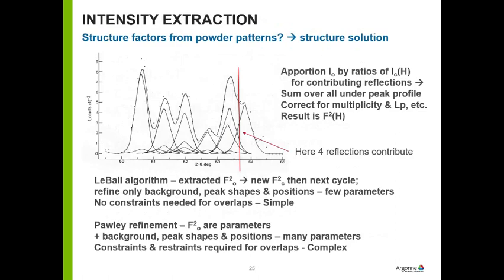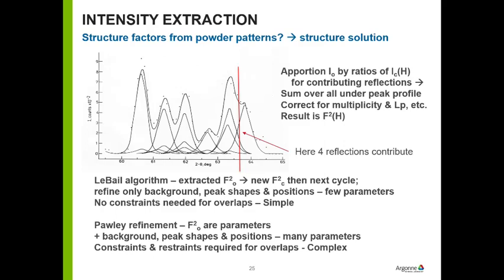Okay, intensity extraction, how's that done in a Rietveld refinement? Basically, what you do is you have a particular point in a profile, and you know that here there's 1, 2, 3, 4 reflections that contribute to this particular intensity, say that one. And so what's done is to simply accumulate what the calculated contributions are for that particular point and scale the observed value to that to get the observed contributions for that point.